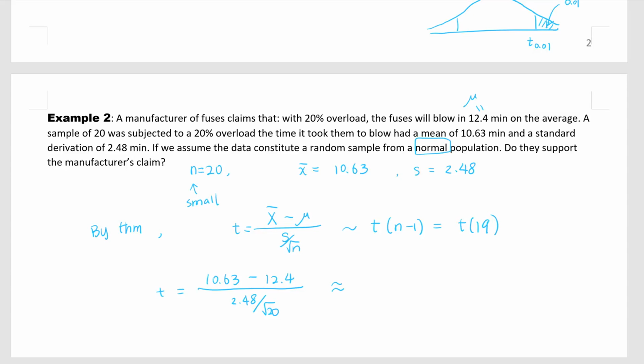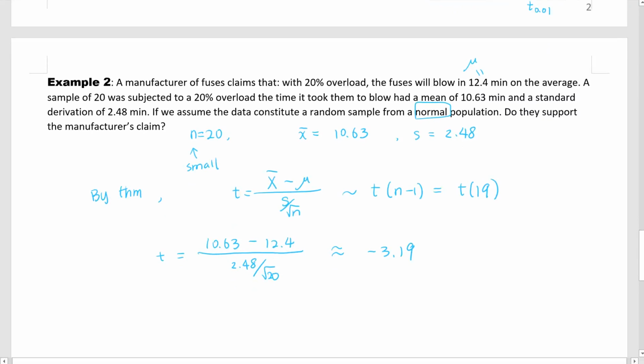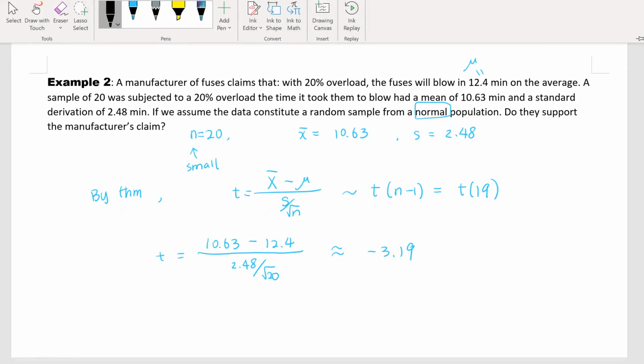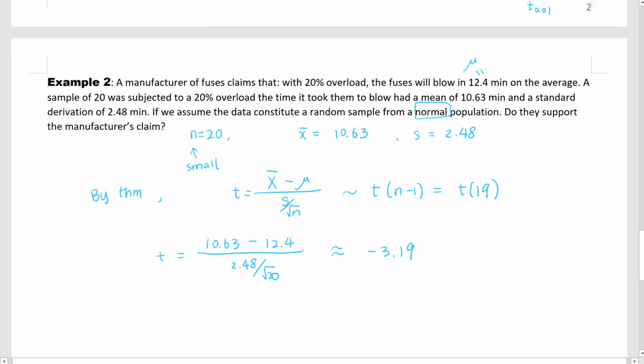Plug this into our calculator and we get approximately negative 3.19. What does that mean? We want to know whether t has a big probability near negative 3.19. If the probability is big, then the data makes sense and supports the claim.